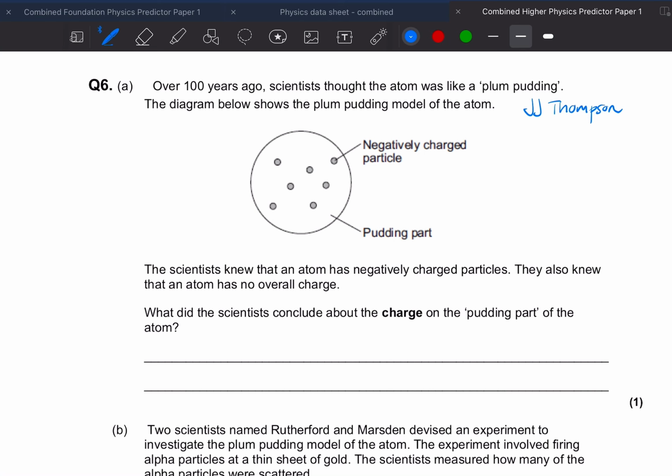Well, if it's got negative parts in here, then in order to be overall neutral, they thought that the pudding was just a general positive charge, which was equal to the negative. So the positive charge equal to the negative charge.